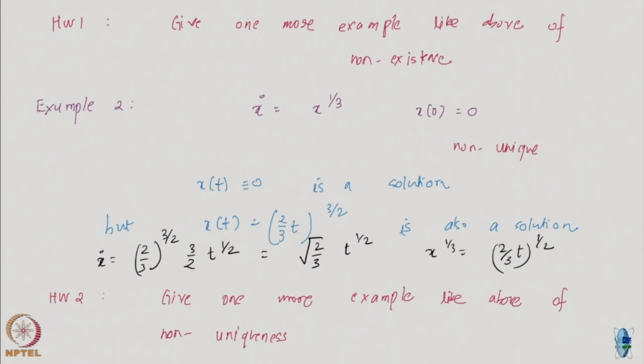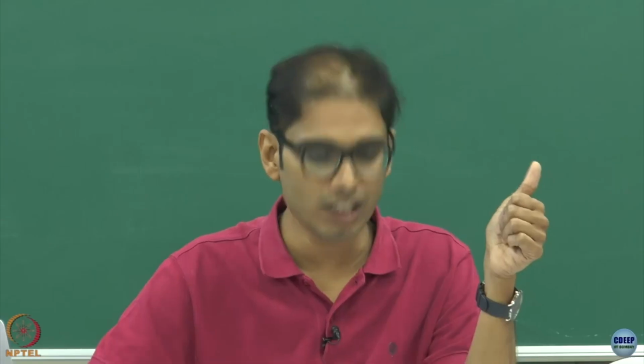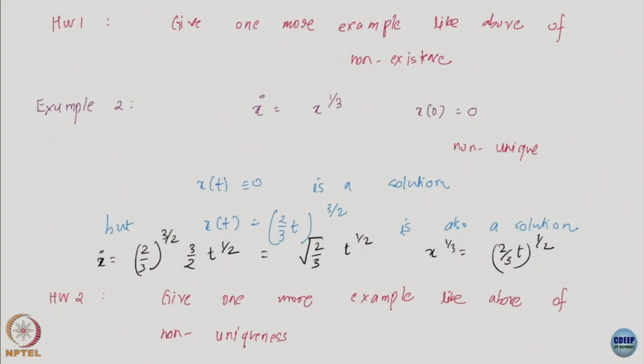How do you say anything is a solution of a differential equation? It has to match at initial condition and it has to satisfy the differential equation. These are the only two requirements. So, this matches at initial condition, this satisfies the differential equation. Why? If I take derivative of this, still 0, and the right hand side is also 0.